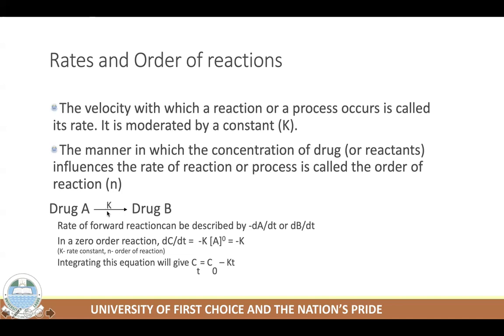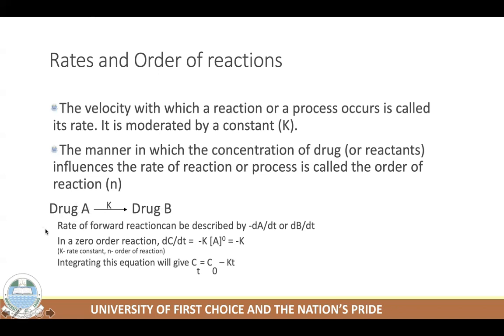The rate of this reaction is moderated by a constant K. Now, the rate of forward reaction can be described by the change in concentration of this drug A over time, right? Or if we're looking at a backward reaction, the change in concentration of B with time. In this case, let's stick with looking at how drug A changes to drug B.